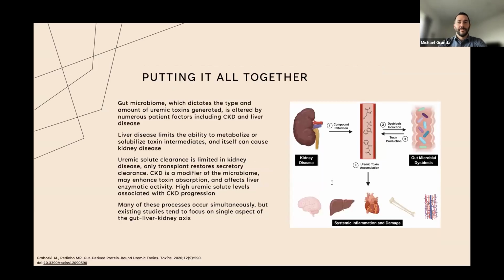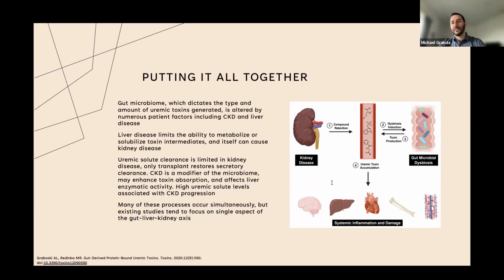So if we're putting all of these steps together, the gut microbiome, which dictates the type and amount of uremic toxins generated, is altered by numerous patient factors like CKD and liver disease. Liver disease limits the ability to metabolize or solubilize toxin intermediates, which can itself cause kidney disease.